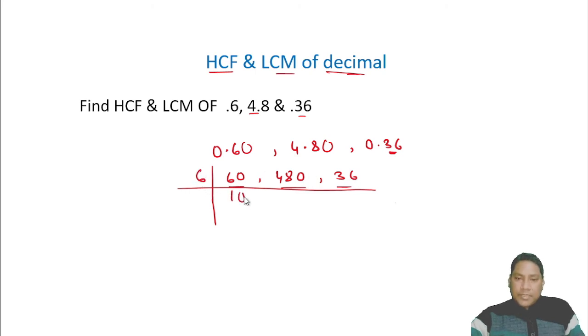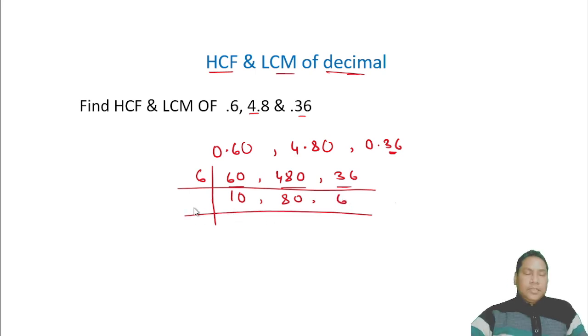This will become 10, 80 (8 6s are 48), and 6. The next number which divides 10, 80 and 6 is 2. This will become 5, 40 and 3. Is there any number which is divisible by 5, 40 and 3? There is no number which completely divides 5, 40 and 3.